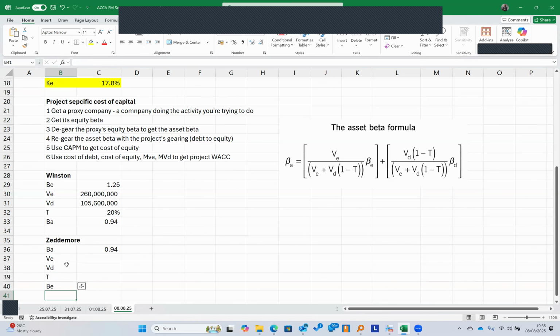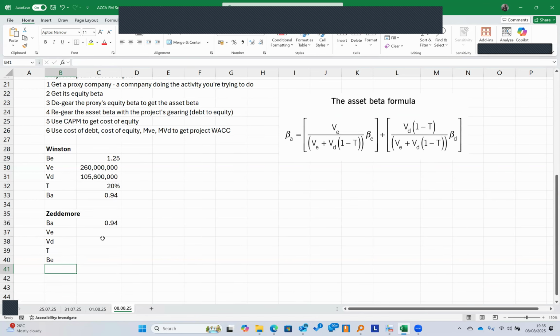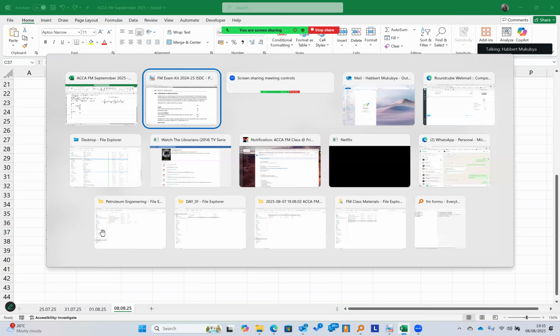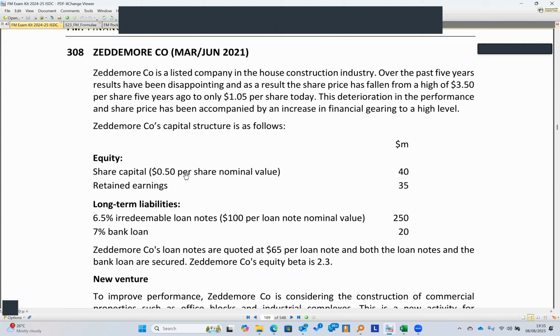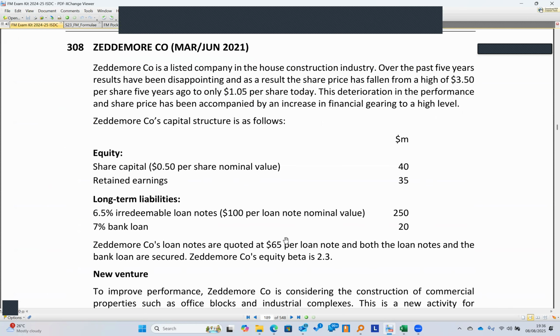So let us get that. So value of equity for Zeddemore, we know that we have 40 million shares, 0.5 nominal value per share. And also, where's the share price?